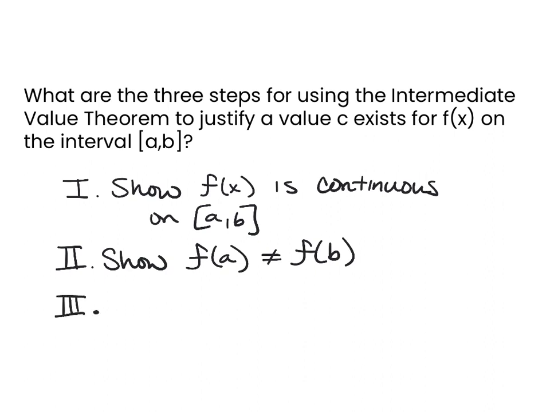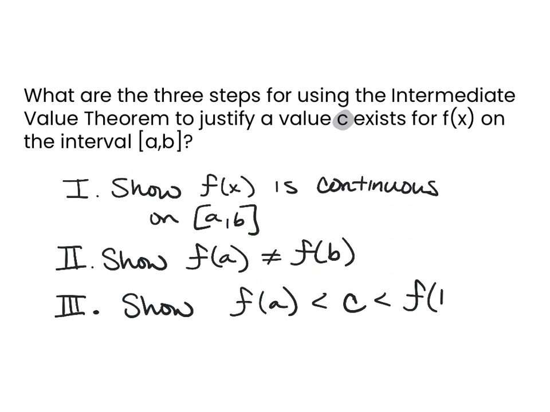Part C is to finally use that value c that you care about and show that that value c is in between the 2 values you got. Basically, that it is an intermediary between the beginning and end of your interval. If you can do that, then you can show that due to the IVT, there is a value c that exists on f of x on that interval a to b.